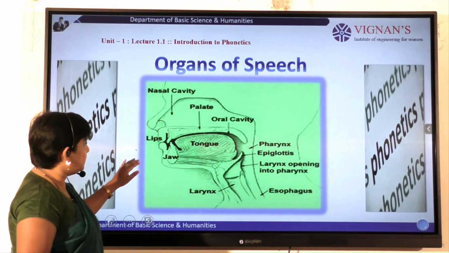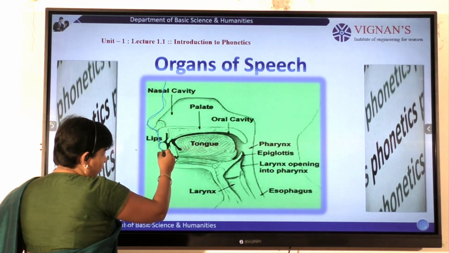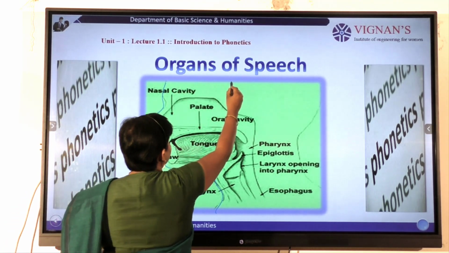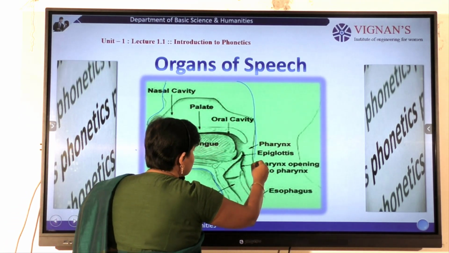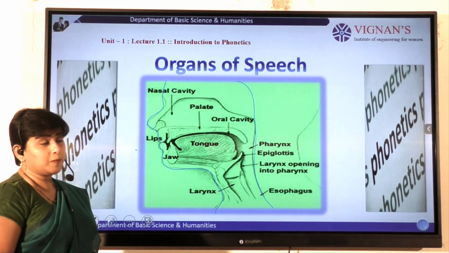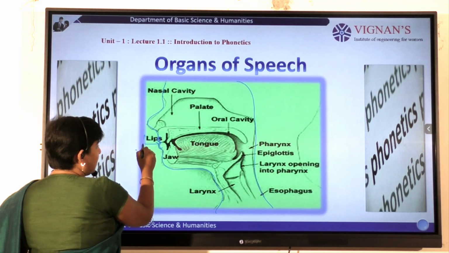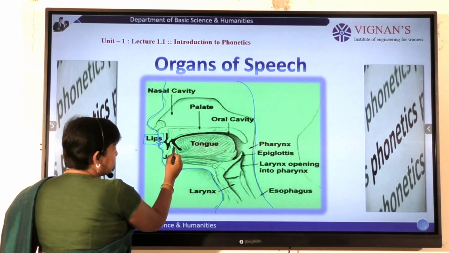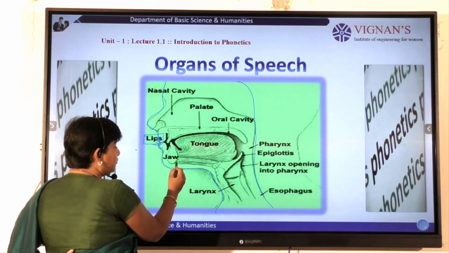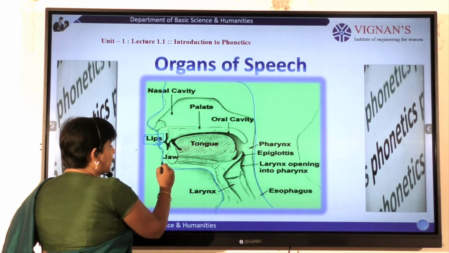I'm sure it is all very clear for you to see the figure here, which mainly focuses on the organs of speech. These are the lips. And inside you have a tongue that definitely helps you in pronunciation, but we will talk about it when we are specifically doing the vowel sounds.